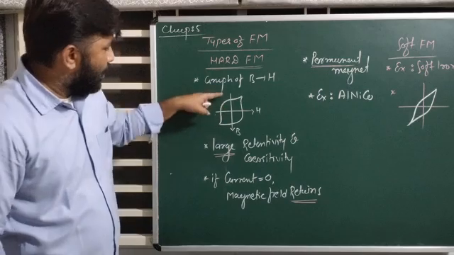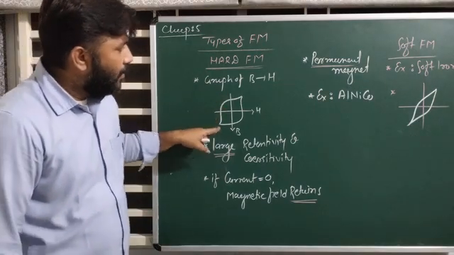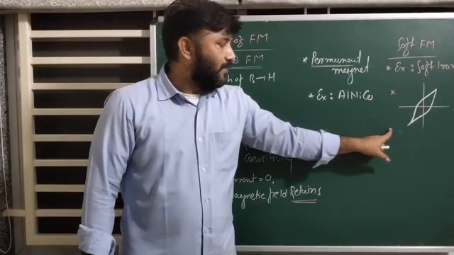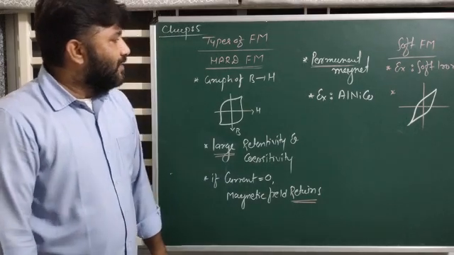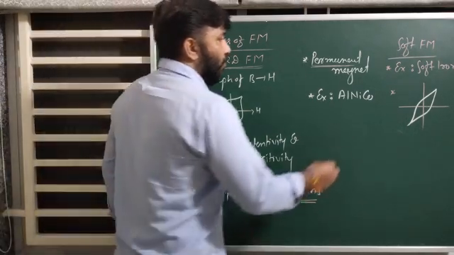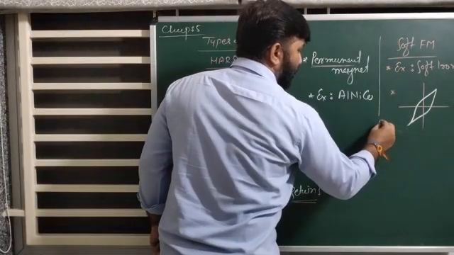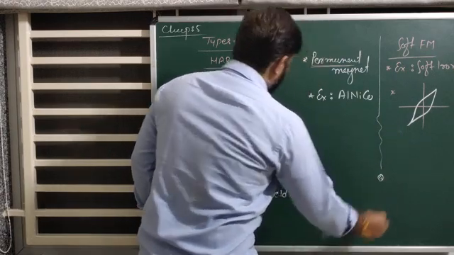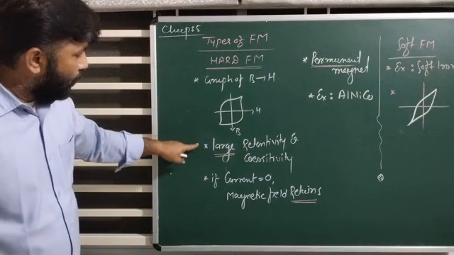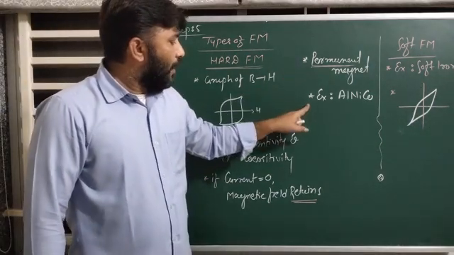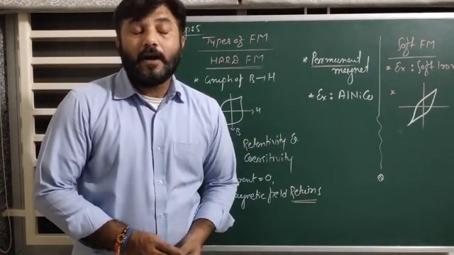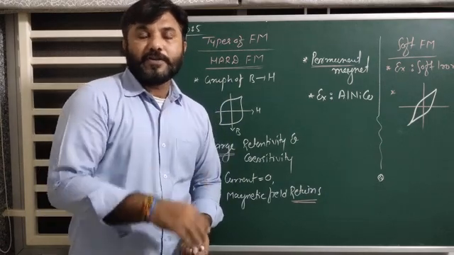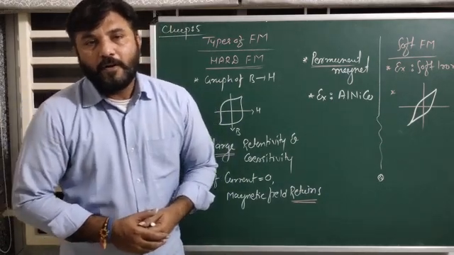Means, check out this graph, one is healthy and one is slim, right? So this is about soft ferromagnetic material, hard ferromagnetic material and its difference. Clear? So 1, 2, 3, 4 and 5. 5 points are enough for 2 mark questions.